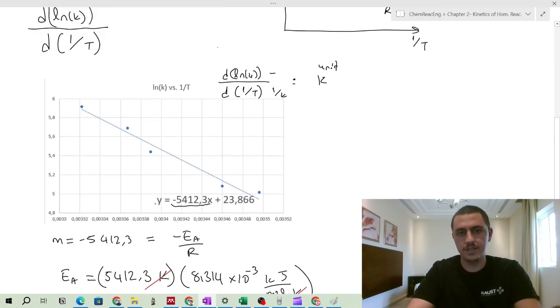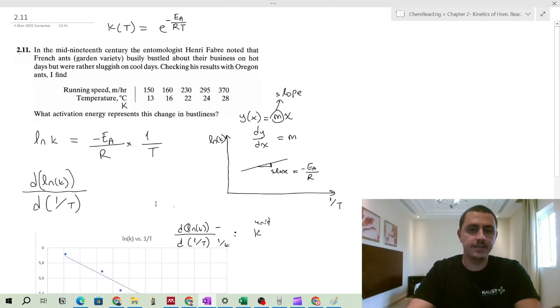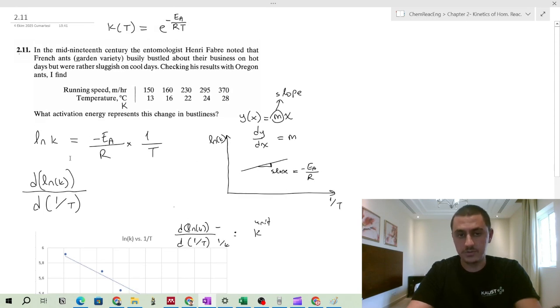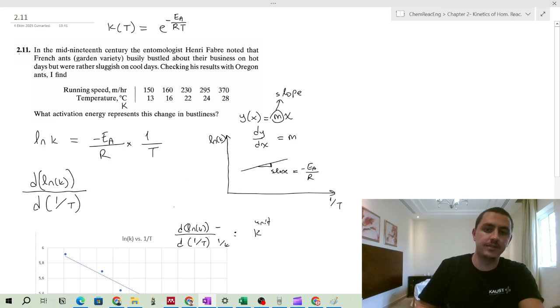This is the activation energy, and this is the idea of how we use a plot and get the activation energy from the slope. But just please focus on the steps of the mathematical derivation: how to decide which y value to use on the y-axis and which variable to use on the x-axis, and how we calculate the slope.